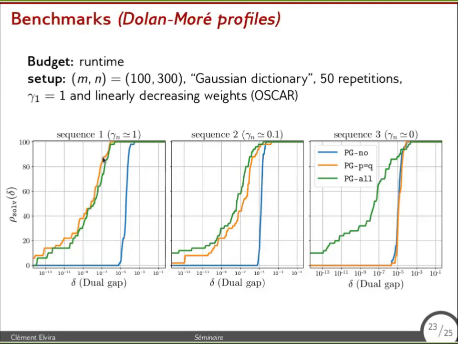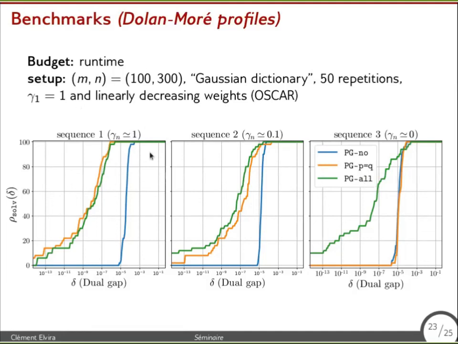Maybe I can talk a little bit about some practical results. Here I show some benchmark. The idea of the benchmark is to run several algorithms at the same time. Here it is again a vanilla proximal algorithm and some algorithms that implement screening. The green one is the one implementing all the tests at the same time, and the orange one is the one implementing only one screening test.